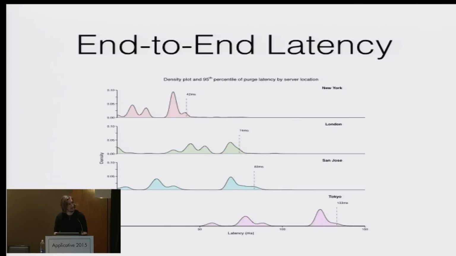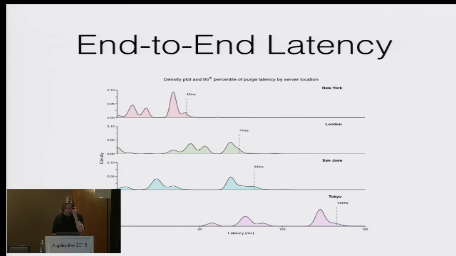In this case, we're showing the graphs from several different POPs that we have around the world. The idea is that depending on where you end up sending the purge to will determine the actual latency of the entire thing. But generally speaking, it's just network latency.